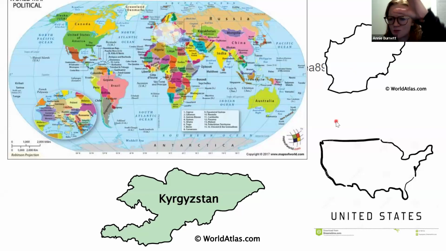What is this? What's one of these? Country. Country, Afghanistan. Country, United States. Country, Kyrgyzstan. Country. Repeat.